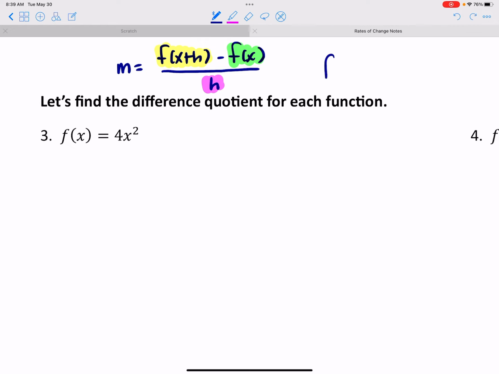So if I said to find f of, let's say, 4, I know that means to input a 4. So if I want to find f of x plus h, that means I have to input an x plus h into my function. So I want to start by finding f of x plus h. So my slope, my difference quotient, is going to be 4 times, in place of x, I'm putting in x plus h, and that's going to be squared.